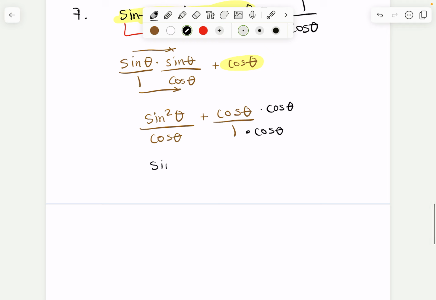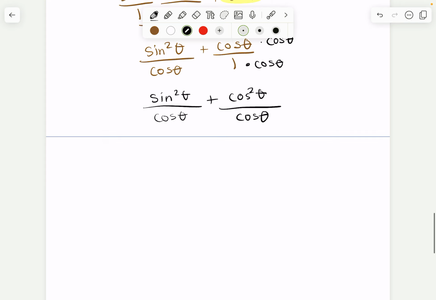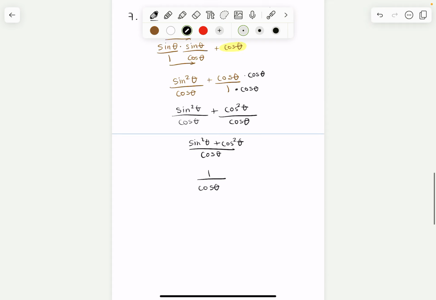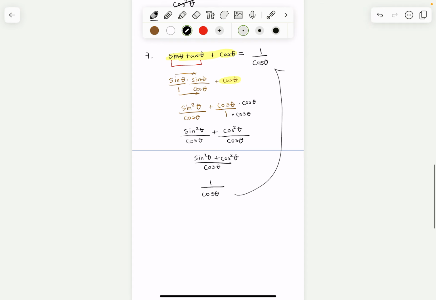And you get sine squared of theta over cosine plus cosine squared of theta over cosine. And because we're adding fractions and we have the same denominator, we can write it as a singular fraction. And then sine squared plus cosine squared is an identity, and we should know that that equals 1. And I believe, once again, that we get the same answer.